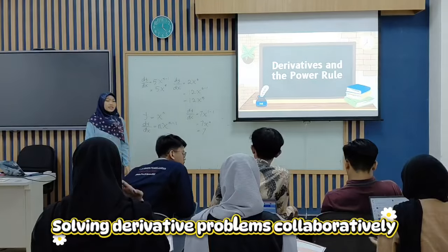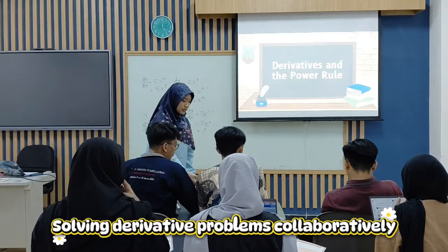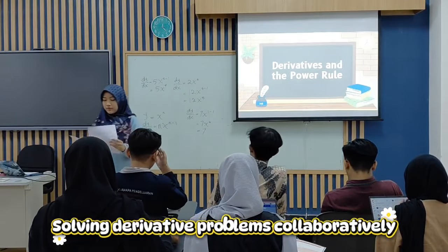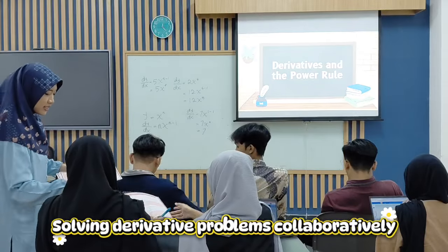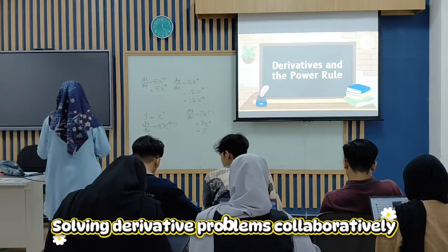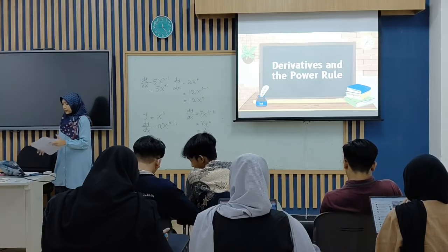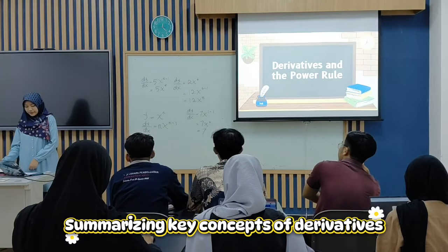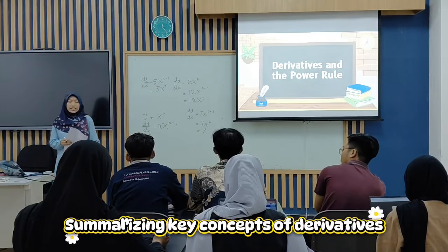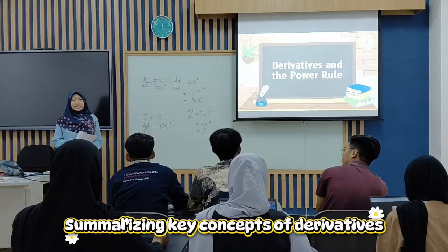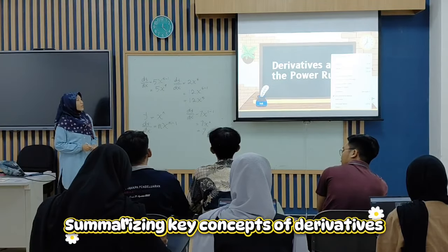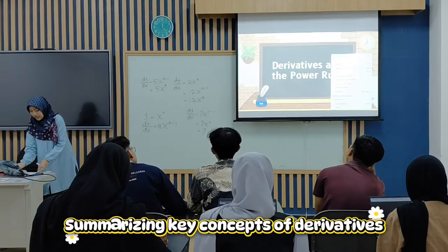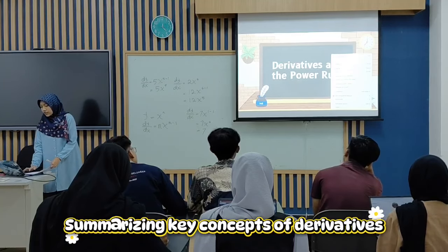Have you finished that? Yes. Let's summarize what we have learned today. What does a derivative represent? Derivative represents the rate of change. Yes, it represents the rate of change.